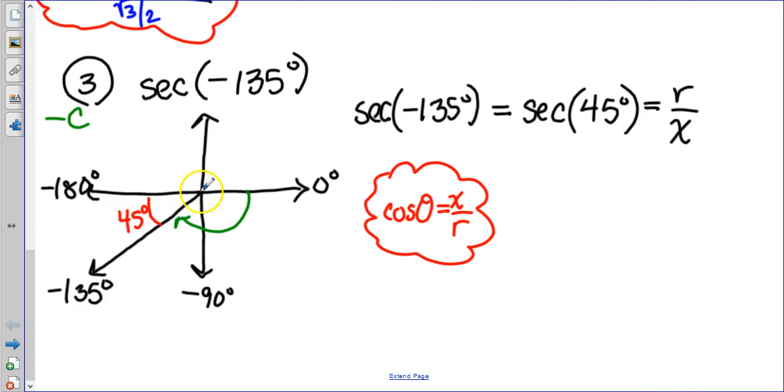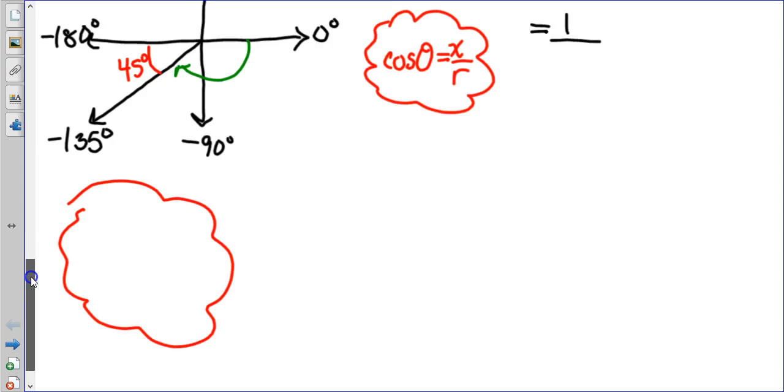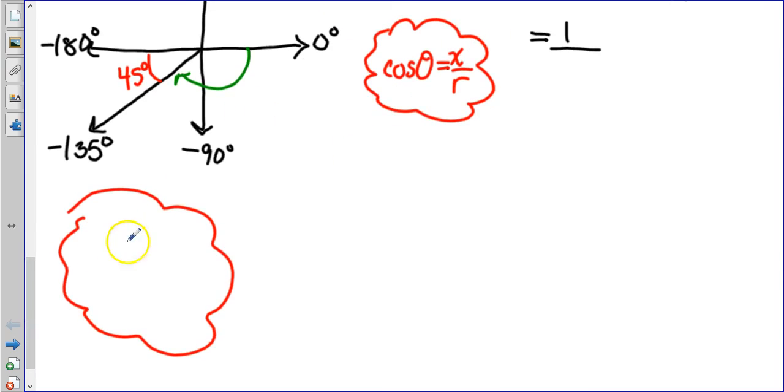If I'm from the origin traveling left, x is going to be negative. The radius is always 1 when we're on the unit circle. And what is the x length? So visualizing my 45, 45, 90, if I were to create a triangle in that quadrant, I am visualizing, see how it kind of makes that shape?